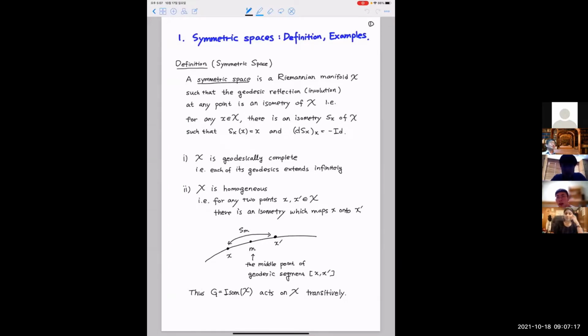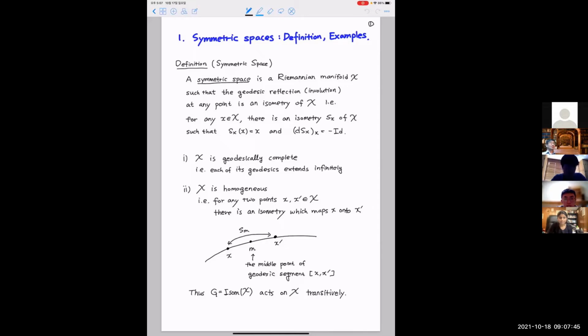Okay, so I first start with the definition of symmetric space. There are many ways to see the symmetric space, for example, from the viewpoint of algebraic Lie groups and also from geometry and so on.